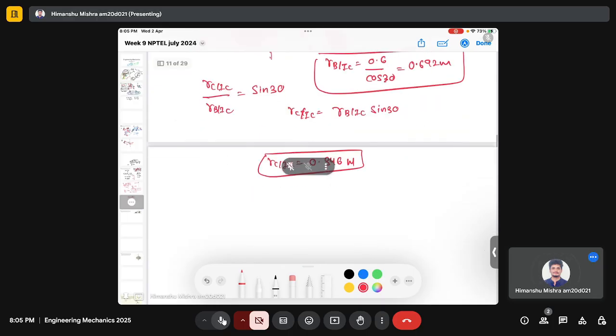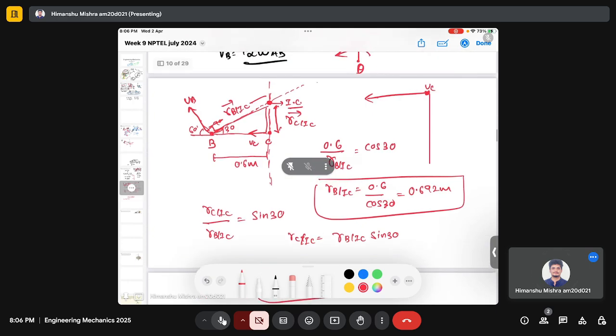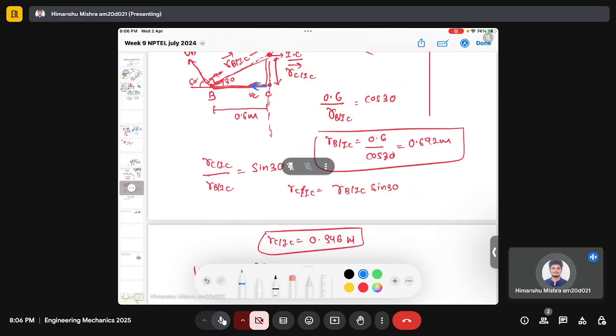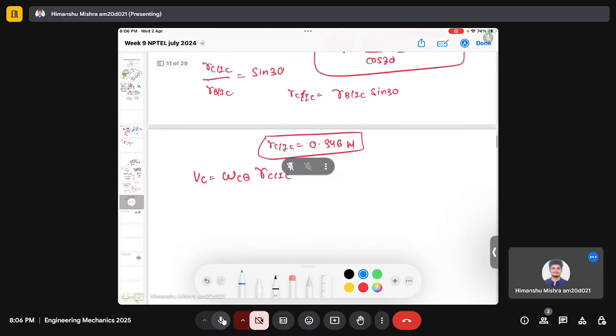Now I can write VC equals omega CB multiplied by RC IC, because this is my B and C and this is my direction of C. So basically I'm finding the rotational motion between C and B by this relation.